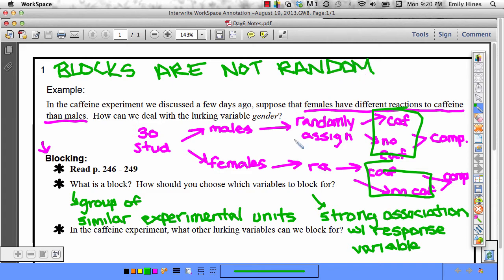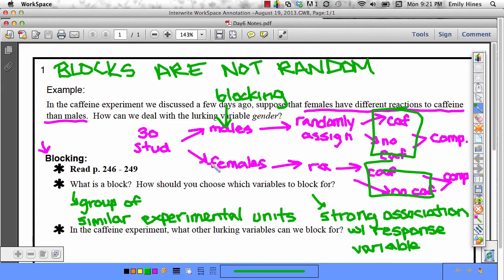It is the random assignment of the treatments within each block that is random. This part right here is the blocking. I specifically split them up into males and females, and then within each block randomly assign the treatments. So blocks are not random.